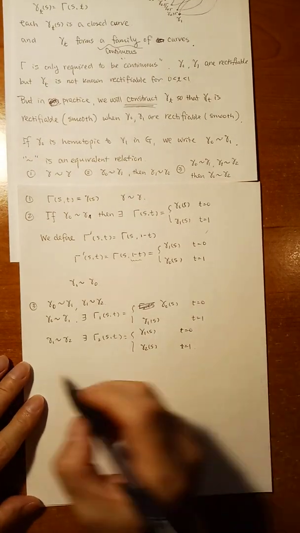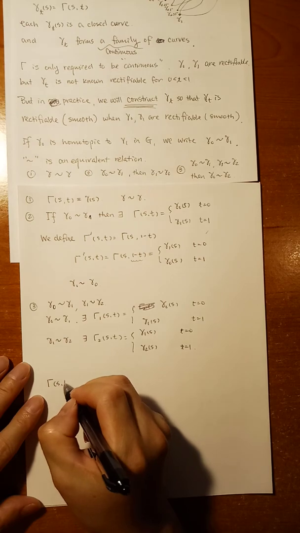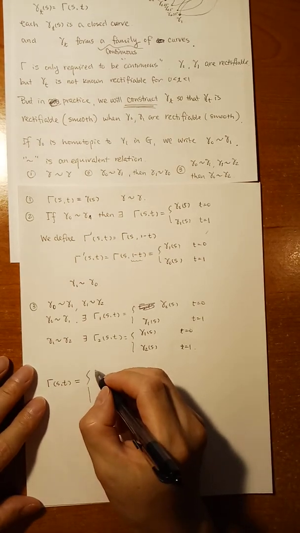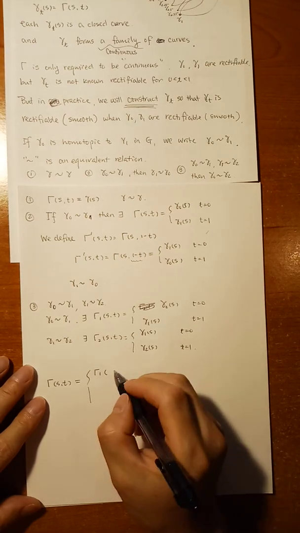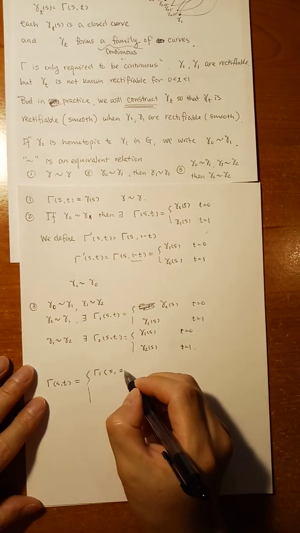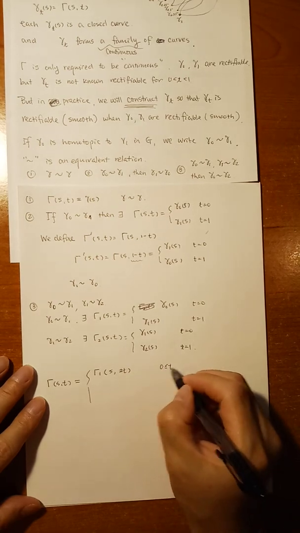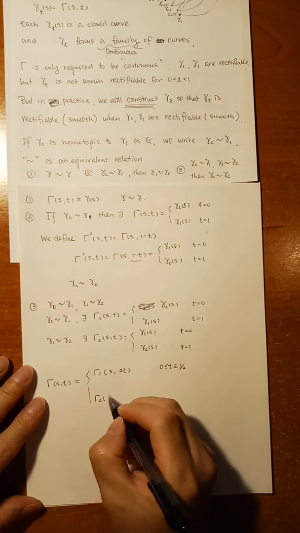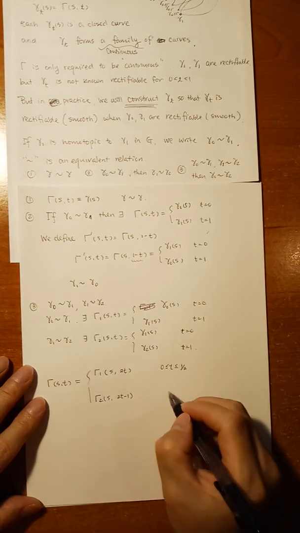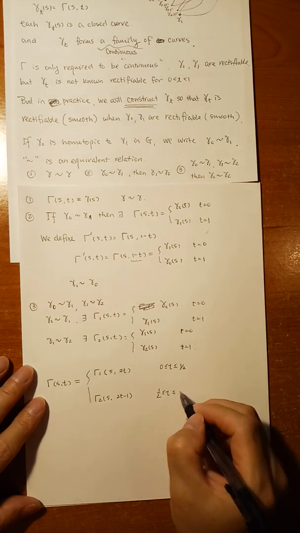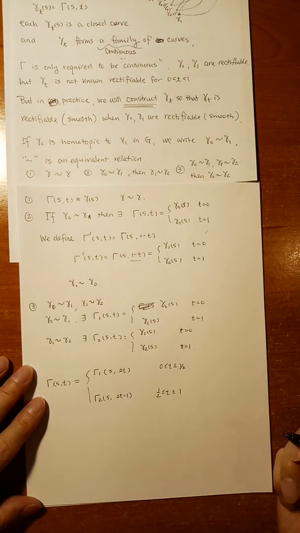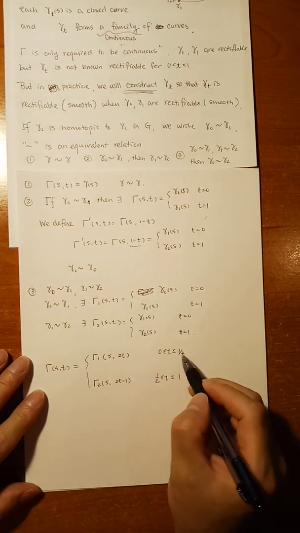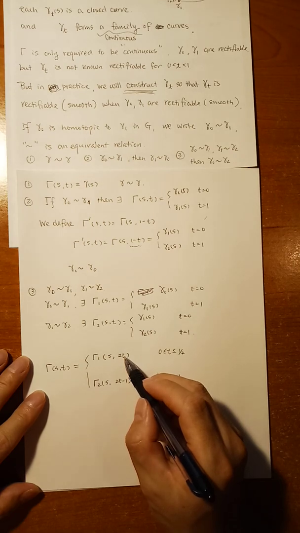Okay, then we can define Gamma(s,t) is equal to Gamma 1(s, 2t) if t is between 0 and 1 half, Gamma 2(s, 2t minus 1) if t is between 1 half and 1. Okay, so we just rescale the parameter domain t.